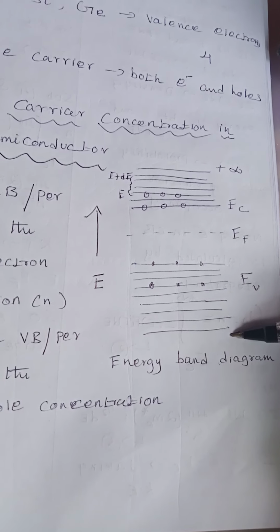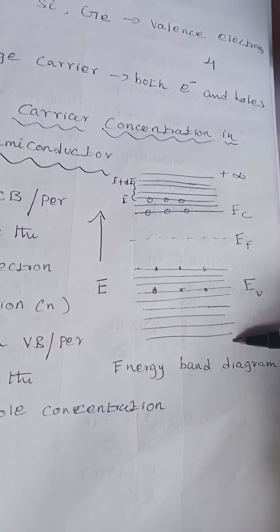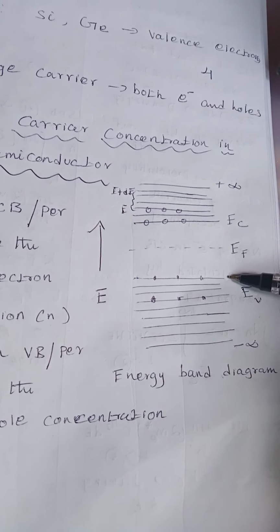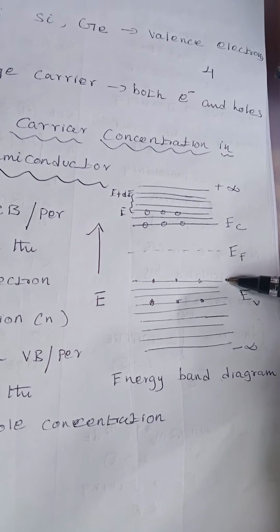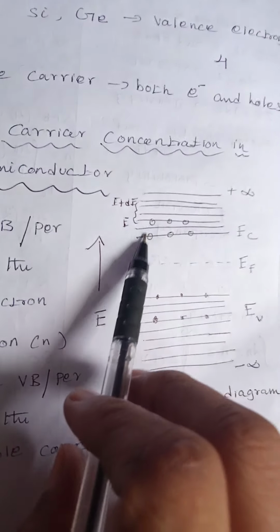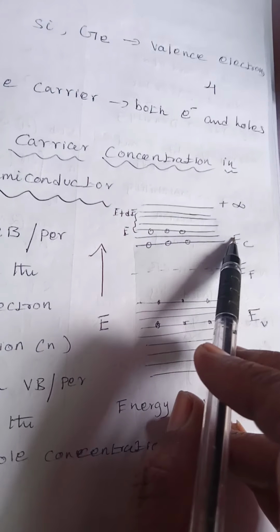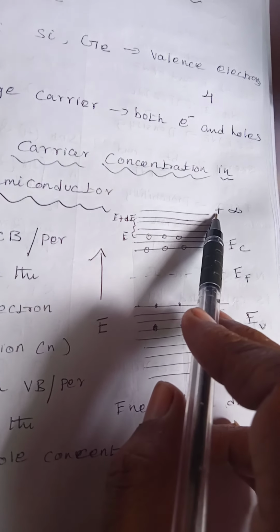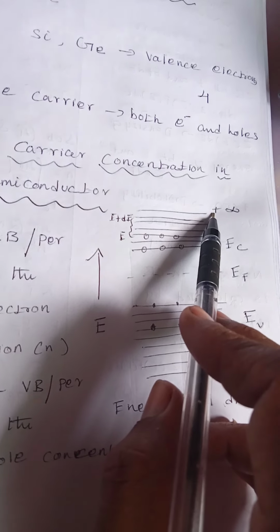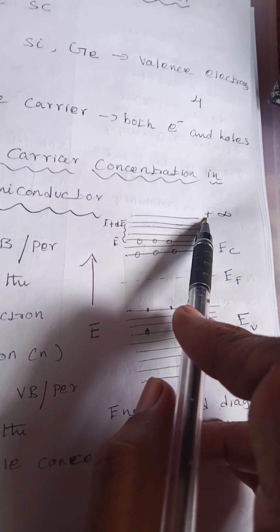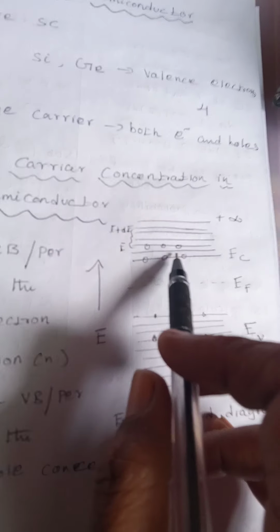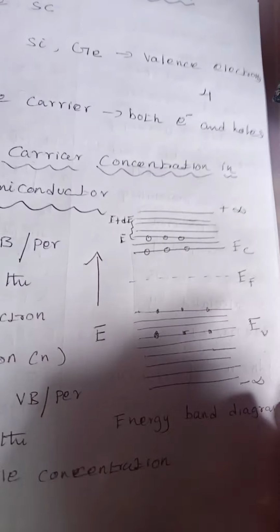In the conduction band, EC, E suffix C, is the lowest energy level in the conduction band, and plus infinity is the highest energy level in the conduction band. The Fermi energy level is in between the valence band and the conduction band, so keep it in mind.